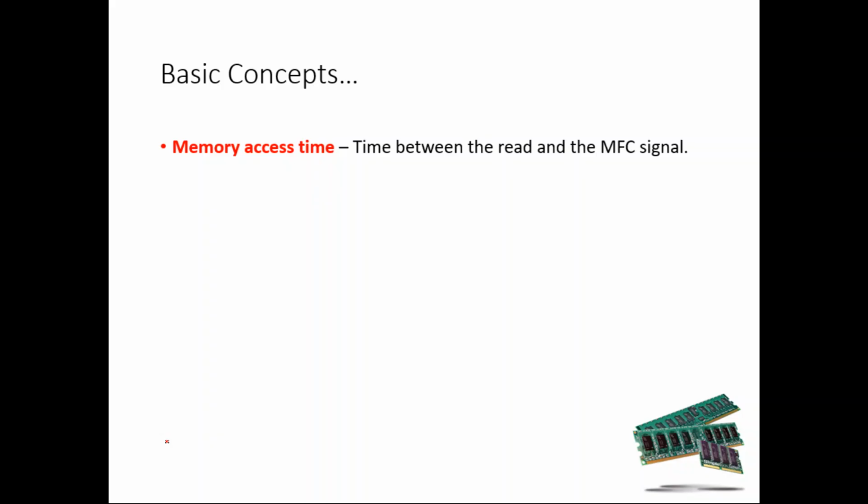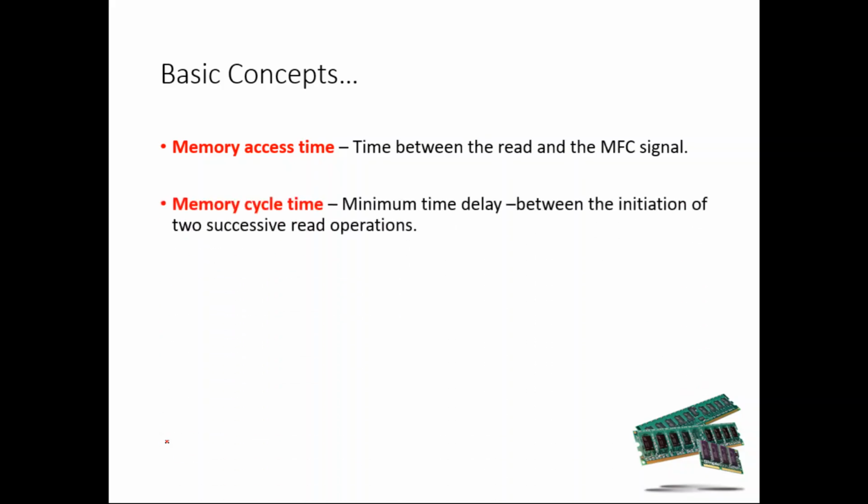The time between the processor generating the read signal and receiving the MFC signal is called memory access time. And then we have memory cycle time. Memory cycle time is the minimum time delay between the initiation of two successive read operations from the memory.